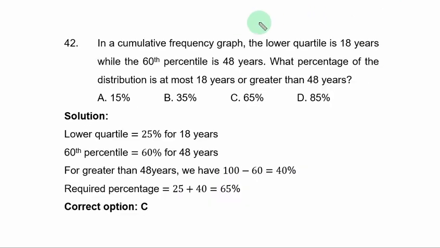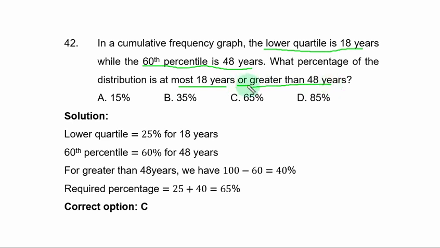Question 42. In a cumulative frequency graph, the lower quartile is 18 years, while the 60th percentile is 48 years. What percentage of the distribution is at most 18 years or greater than 48 years?